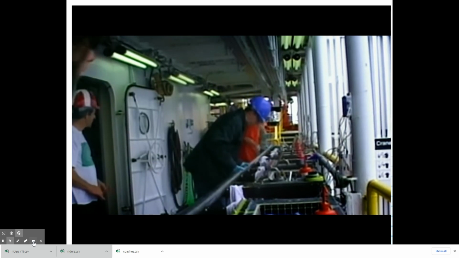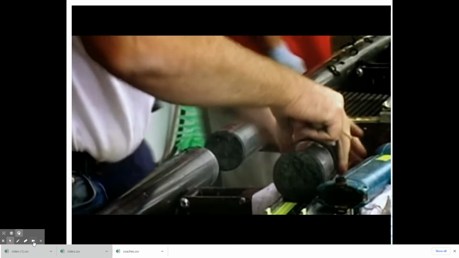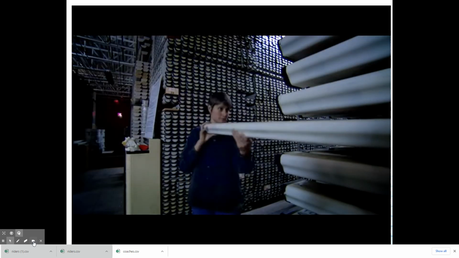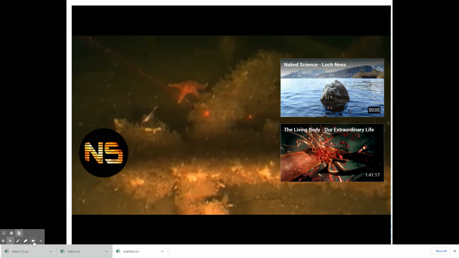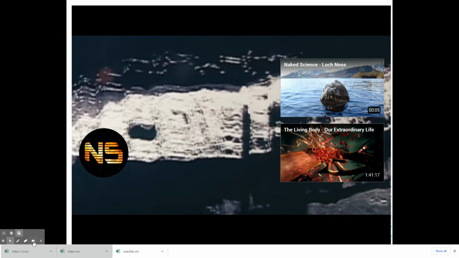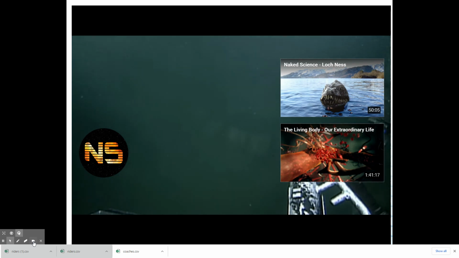From top to bottom, the core of sediment from the deepest drill hole stretches for 3 miles. That's 11 times the height of the Empire State Building. Down here, wrecks of Spanish galleons and other sunken ships take thousands of years to disintegrate. But they're not the only things decaying on the seafloor.